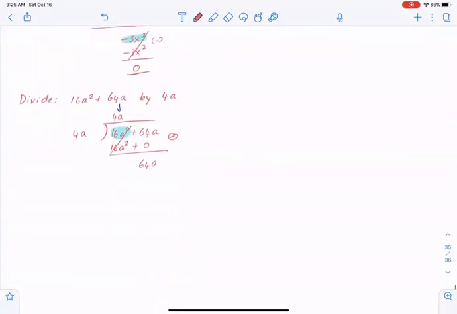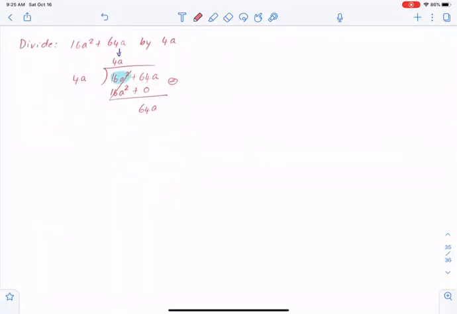So we have to multiply 4a by some number or expression so I get 64a. 4a multiplied by 16 will give me 64a. We always subtract and we get 0.